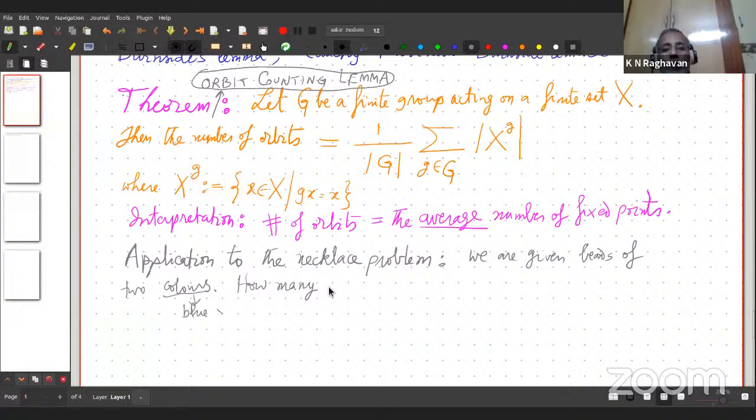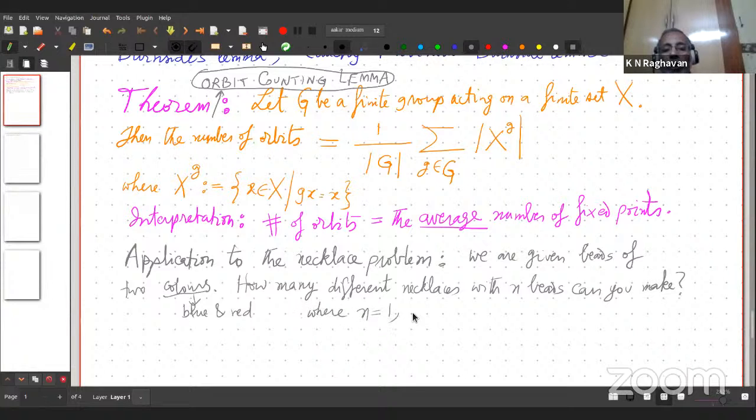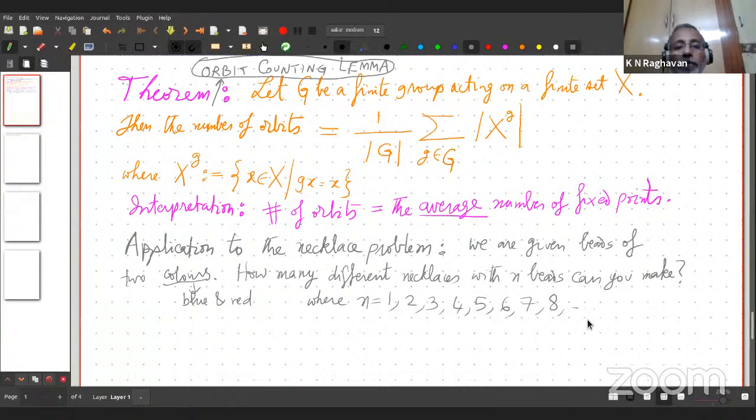How many different necklaces with n beads can you make, where n equals 1, 2, 3, etc.? N can take any value, and for each of these values, we want to count the number of necklaces.